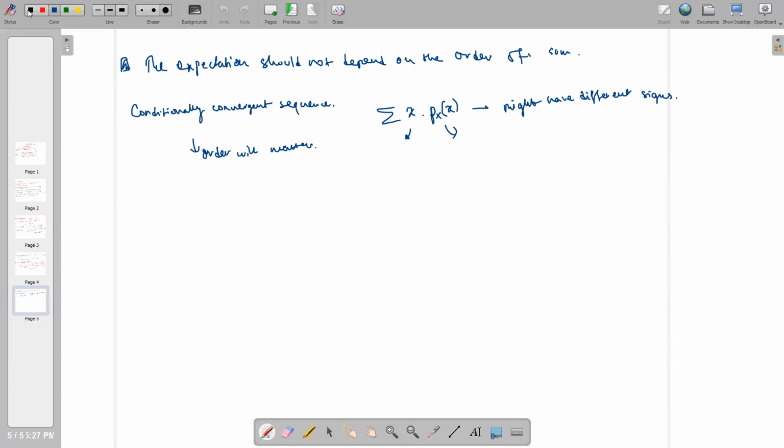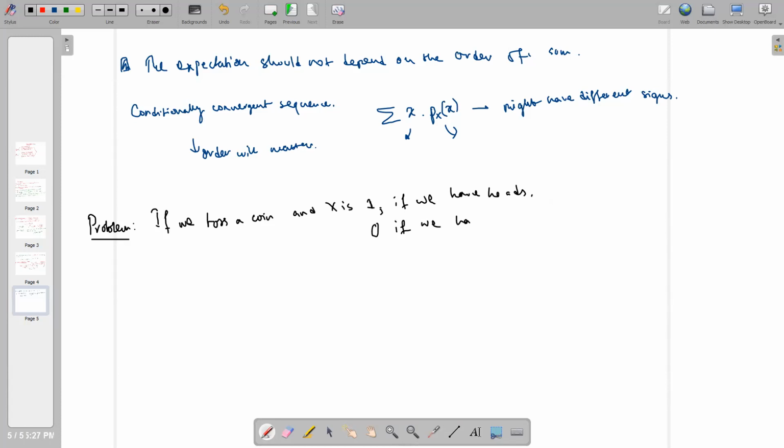Let's try a problem then. If we toss a coin and x is 1 if we have heads, and 0 if we have tails, what is the expectation of x?